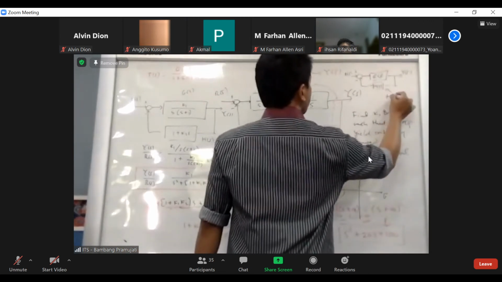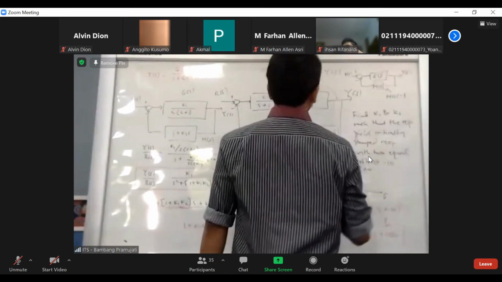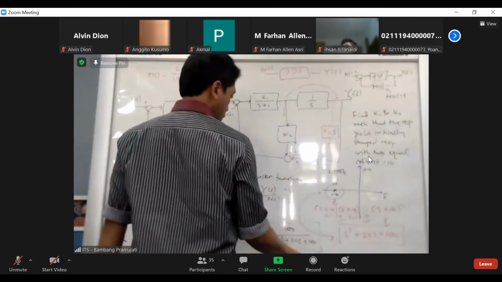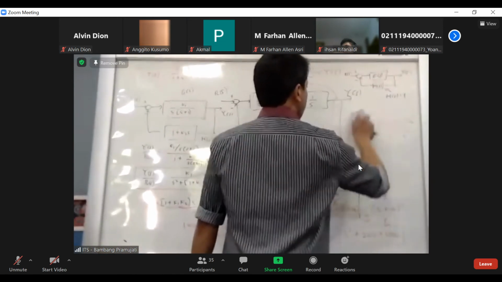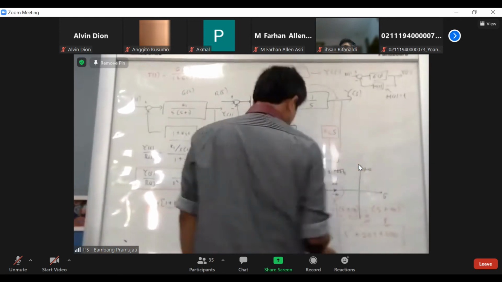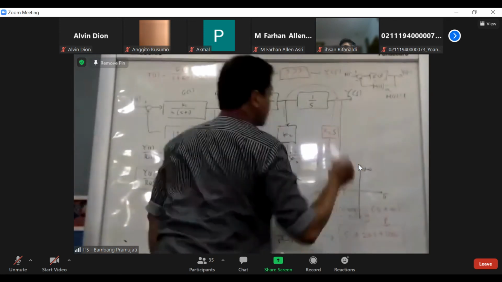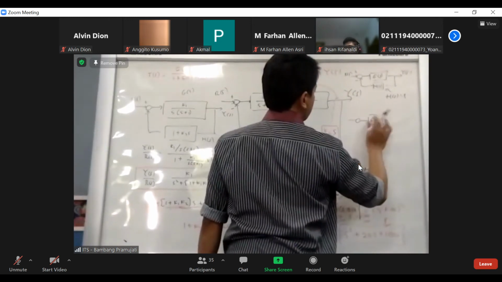When H(s) equal to 1, or unity feedback, you can also draw the system like this. So if H(s) equal to 1, you can draw your block diagram like this.